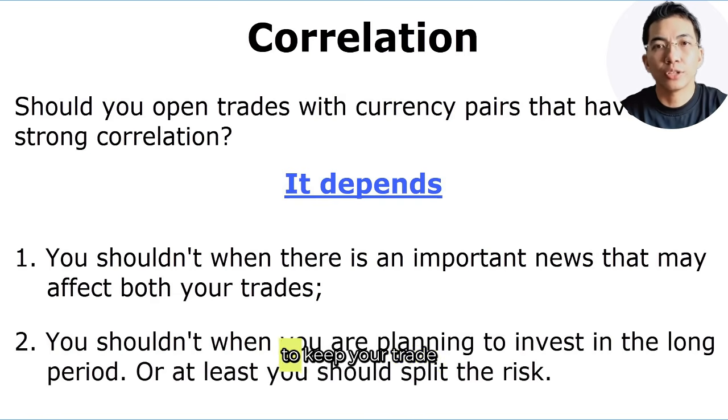If you are planning to keep your trade for several days or several weeks, then once again probably it is better to open just one trade, or another solution could be to split the risk between those two currency pairs. If it is not one of the cases that I have mentioned, I think that correlation is a bit overrated and I honestly don't really mind about it that much.